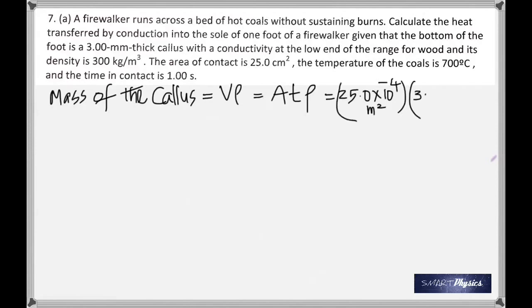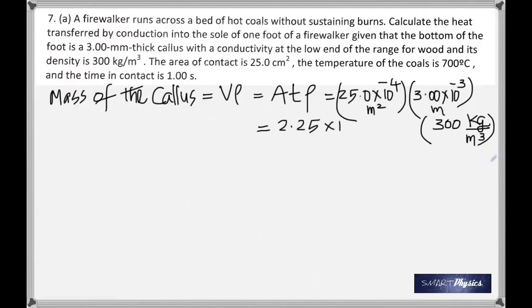Thickness is in millimeters, so 3 times 10 to the negative 3 meters. Density is 300, and that's in the proper units, kilograms per meter cubed. So the meter units cancel and you get the mass as 2.25 times 10 to the negative 5 kilograms. That's just the mass of that small part of the foot.